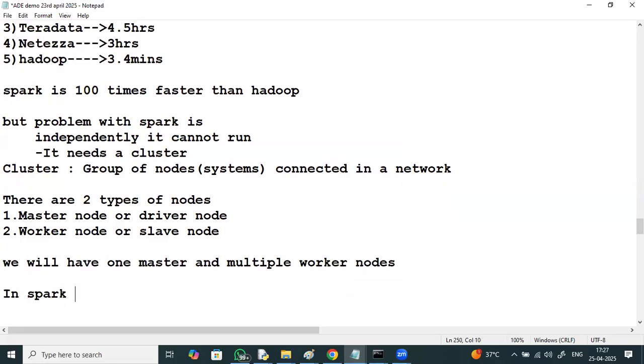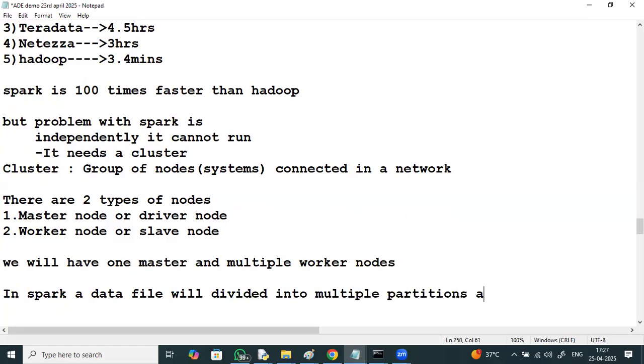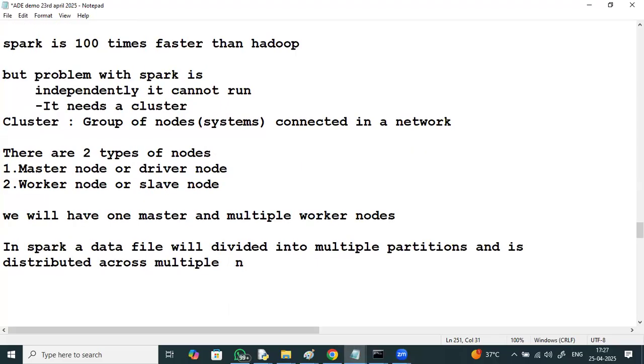In Spark, a data file will be divided into multiple partitions and distributed across multiple nodes, multiple systems.